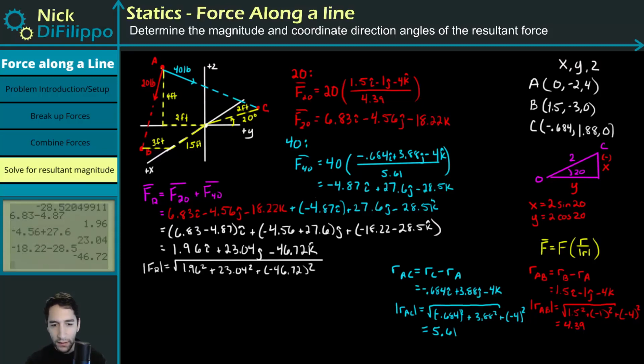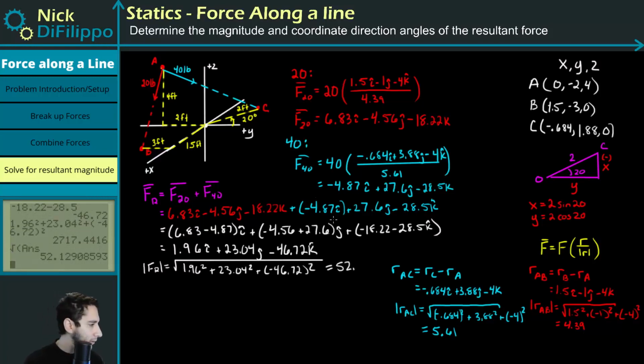So let's do that. 1.96 squared plus 23.04 squared plus minus 46.72 squared. Take the square root of this number, and we get 52.13. So this resultant is 52.13, and we're in pounds. So that's half of what I'm looking for.